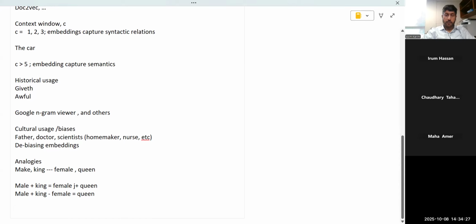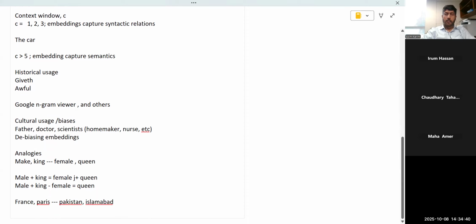तो फॉर एग्जांपल सिटीज एंड कंट्रीज एंड कैपिटल्स, फॉर एग्जांपल सो फ्रांस एज पेरिस, एंड फॉर एग्जांपल पाकिस्तान एंड इस्लामाबाद, एंड देन ऑफ कोर्स अदर्स एज वेल, फॉर एग्जांपल डॉक्टर एंड हॉस्पिटल, and then mechanic, for example, workshop. ठीक है?